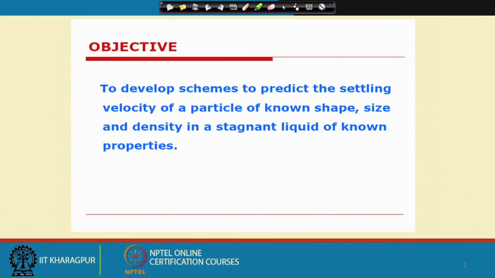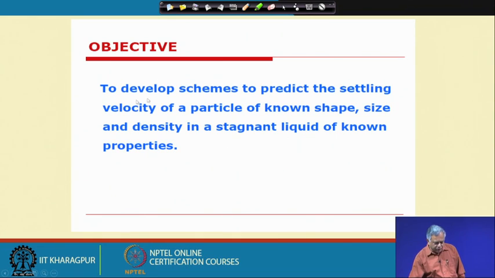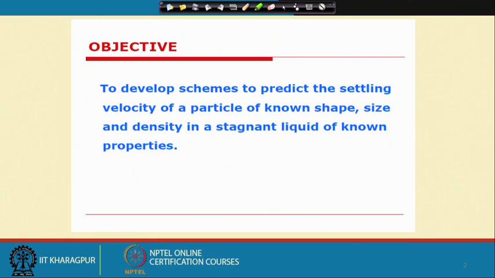So, the subject itself is a very big topic, and actually we can have a separate course on this subject, but I will try to emphasize only those aspects of the movement of solids in fluids which are very fundamental to a mineral processing engineer.